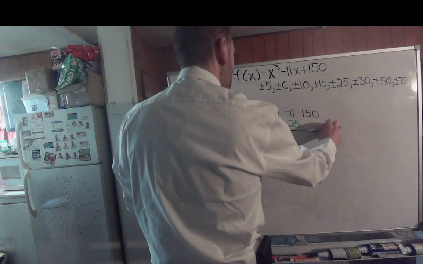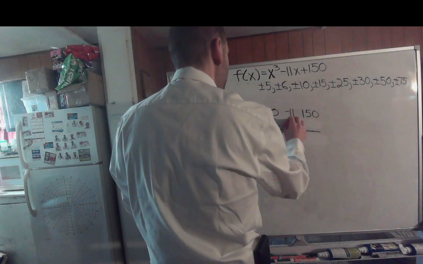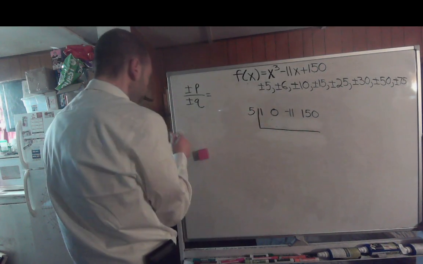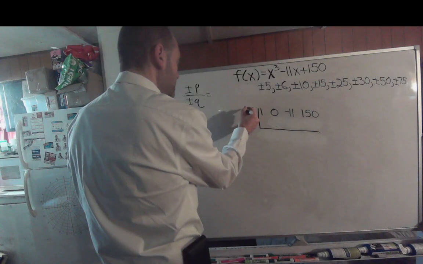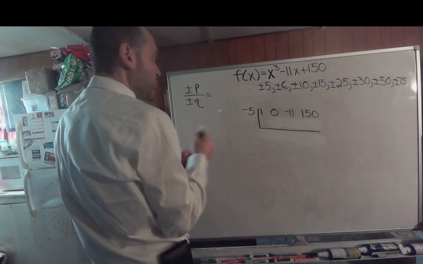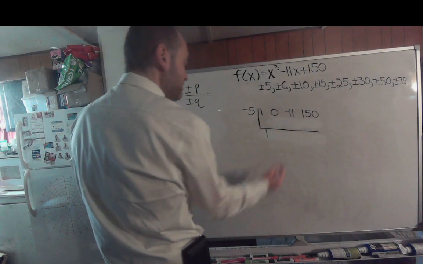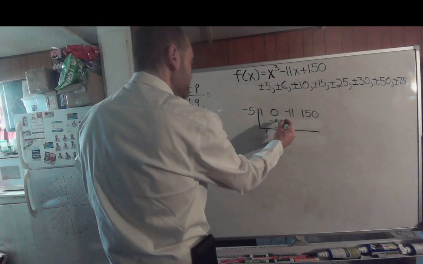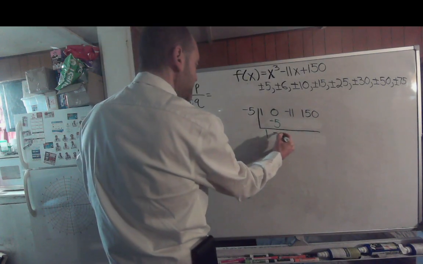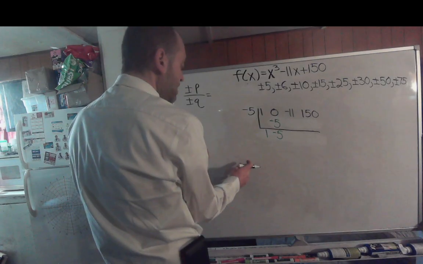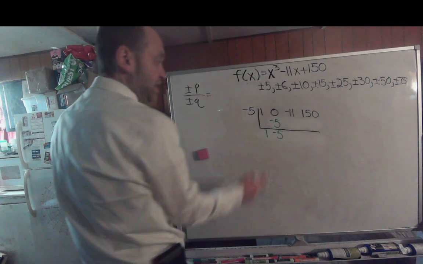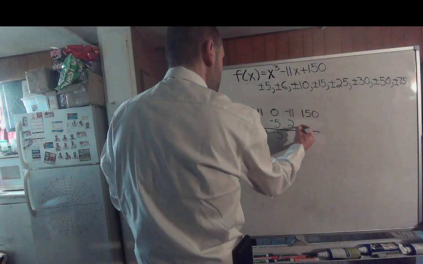So let's try negative 5. So go ahead, bring down your 1. Negative 5 times 1, that's negative 5. 0 minus 5 is negative 5. Alright, so negative 5 times negative 5 is positive 25.